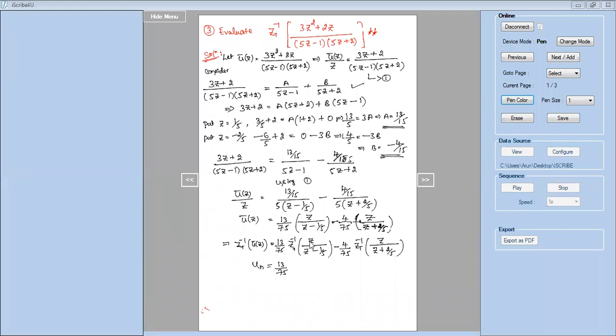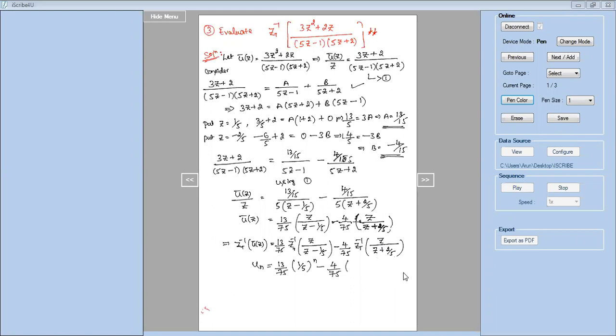Again, same formula which we have used in the previous two problems. It looks like Z by Z minus k. So k is 1 by 5. And you know the answer becomes k power n. The formula is k power n in these cases. So it is 1 by 5 whole power n. Minus, next term, it is 4 by 75 into, what is the inverse of Z by Z plus 2 by 5? Any guesses?